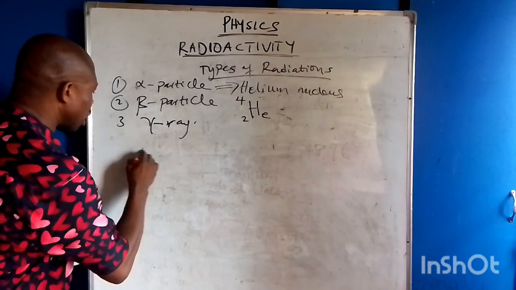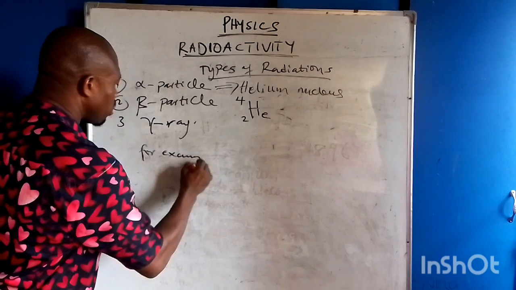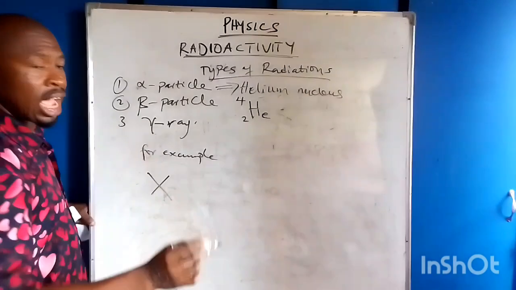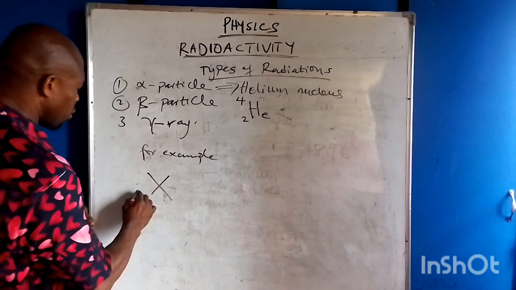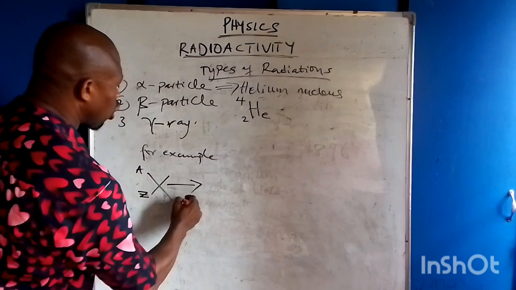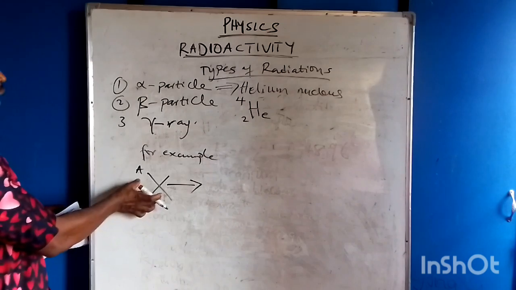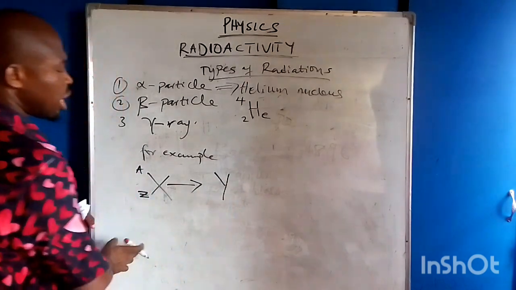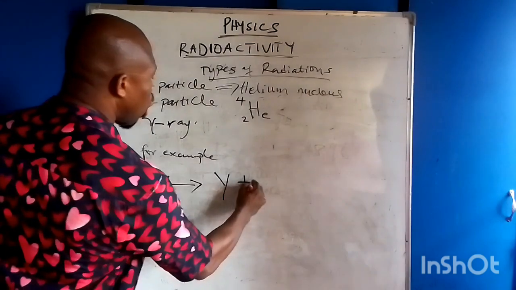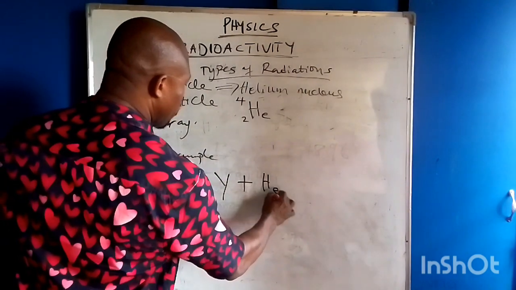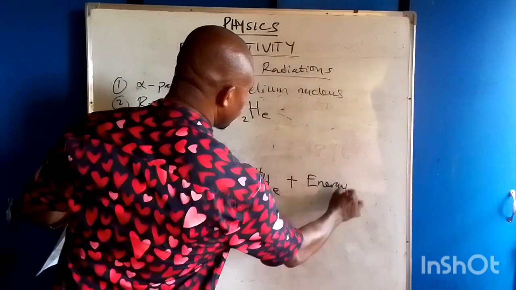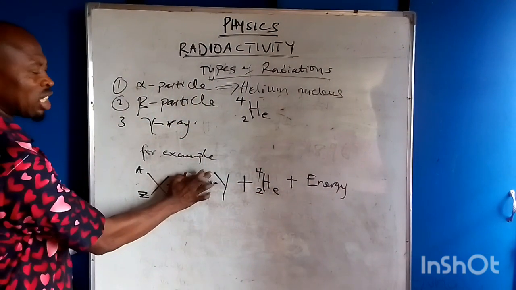For example, assuming I have an element X with atomic number Z and mass number A, if it undergoes radioactivity, it decays into a daughter nucleus Y. This is the parent nucleus, this is the daughter nucleus, plus one alpha particle, which is 4 here and 2 here, plus energy released.